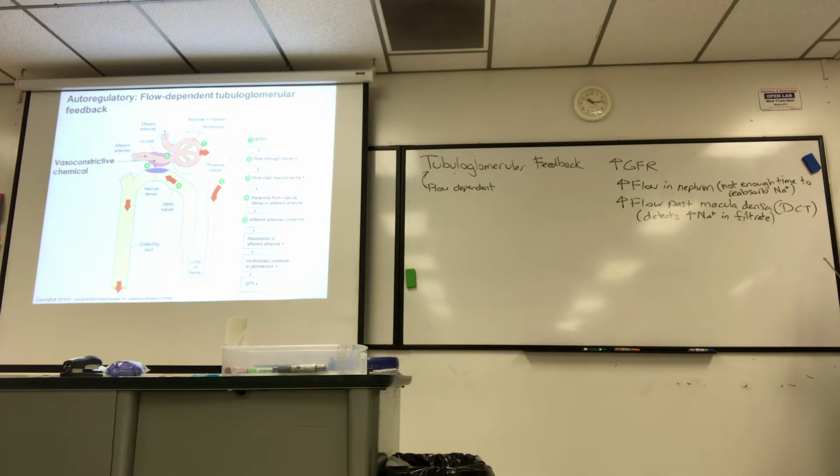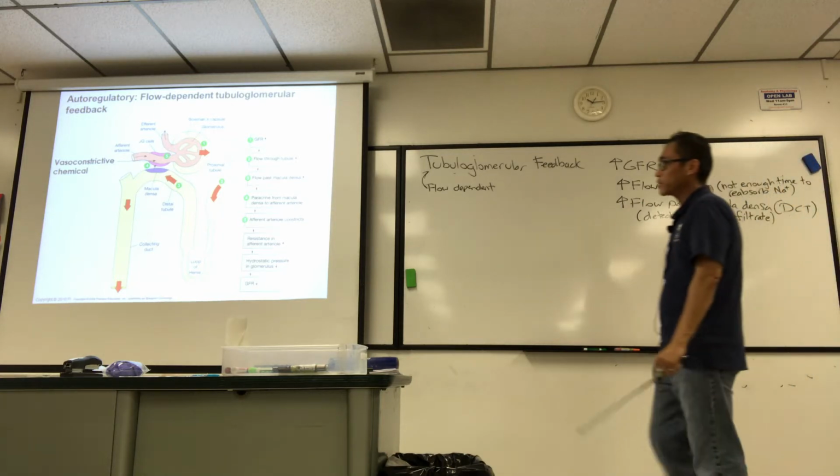Are you with me there? Flow is too fast, not enough time to reabsorb sodium. There's more of it in the filtrate. So that's really the key right there, because the macula densa, this detector, can do things, self-regulate.